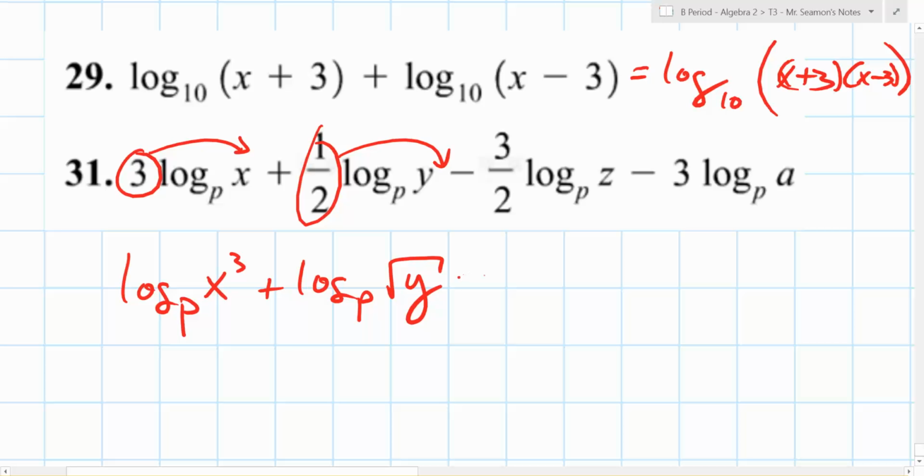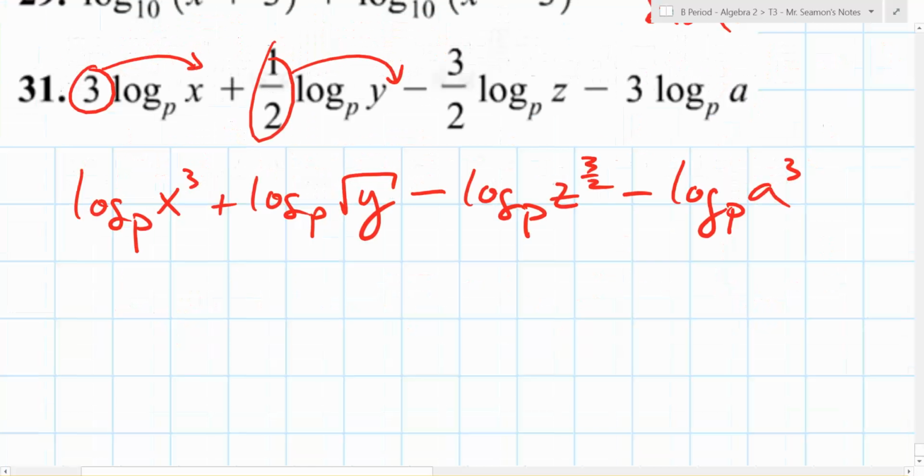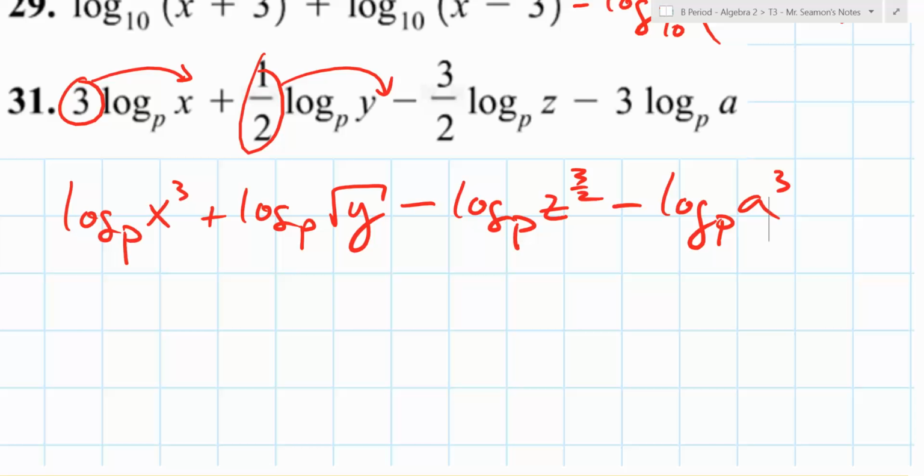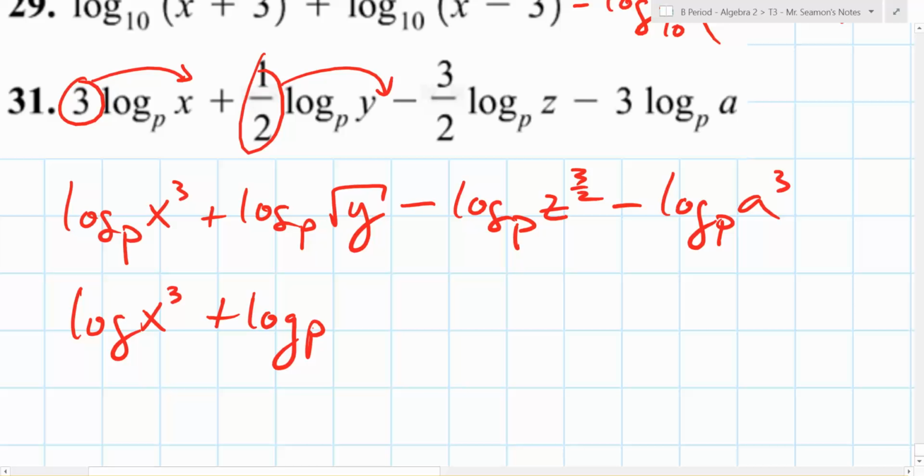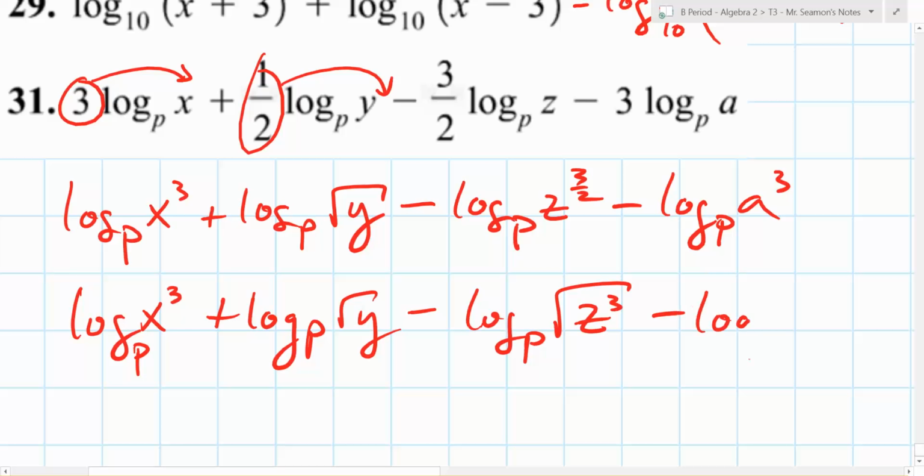And this is minus log base p of z to the 3/2 minus log base p of a to the 3rd. Can you do z to the negative 3? We can rewrite it as the square root of z cubed. Yes. So you could write this as log base p of x to the 3rd plus log base p of the square root of y minus log base p of the square root of z cubed minus, sure, you could do that.